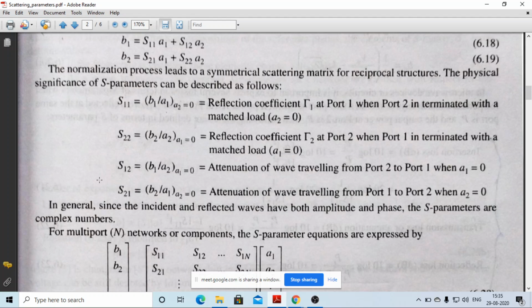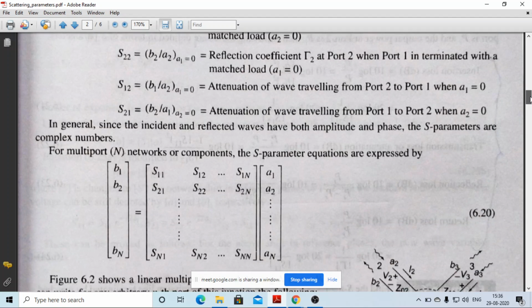You can also remember one thing: since the incident and reflected waves have both amplitude and phase, S parameters are always complex numbers, because we have to talk about phase and amplitude both. Where there is phase and amplitude, we can represent it either in Cartesian form or in polar form. In Cartesian form, there is a j parameter, so there is a real part and an imaginary part.